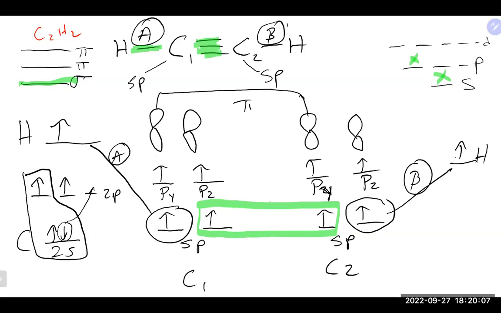And we will also have a pi bond between these two here. And that's going to account for the second and the third line there in our triple bond. So what happens is, again, we get basically sideways overlap of the py atomic orbitals, making a second line, and then our second unhybridized p orbitals doing it as well.